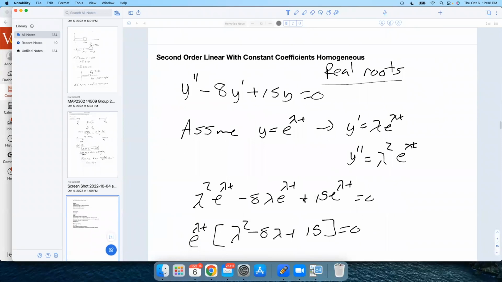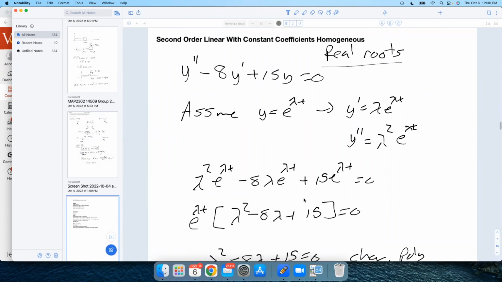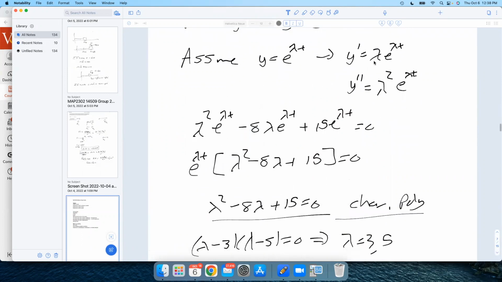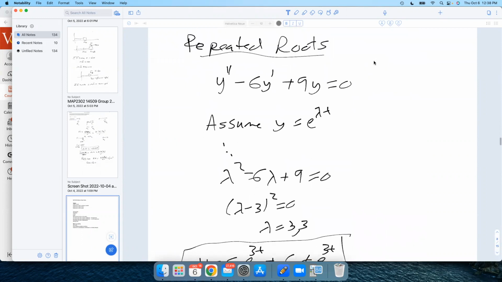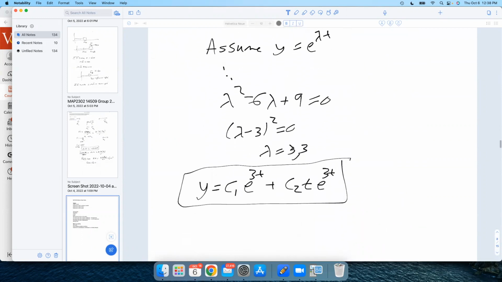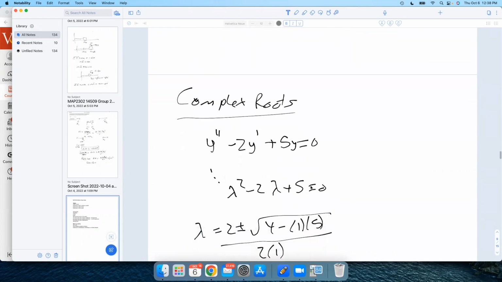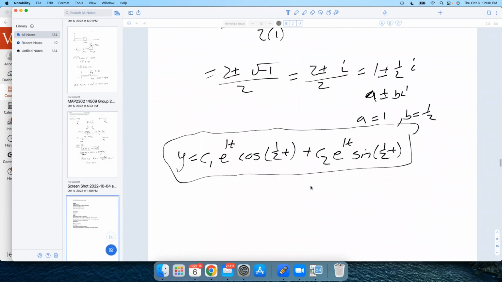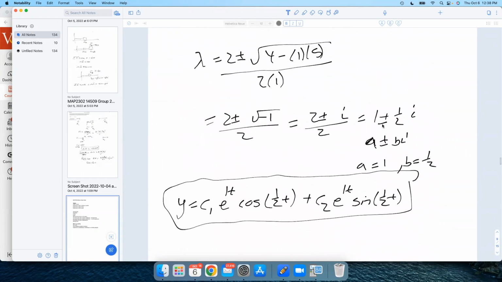And then all the stuff we're doing right now, the second order linear with constant coefficients, homogeneous. I did all 3 versions here where we get real roots, we get repeated roots. When you get a repeated root, you have to throw on an extra x or an extra t or whatever. Complex roots, you get roots like a plus or minus bi.